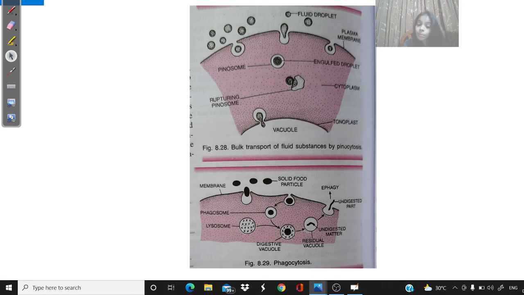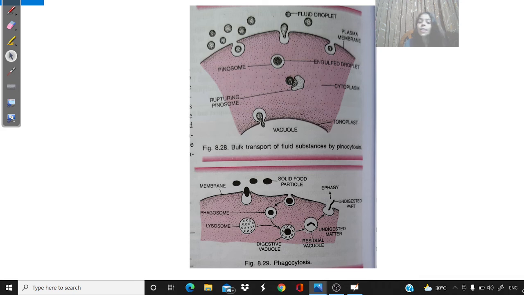How to do that? So this undigested matter, this vacuole, fuses with the cell membrane again. This time to evacuate it, to eliminate. So now the undigested part will be thrown out of the cell and the process is called ephagy.